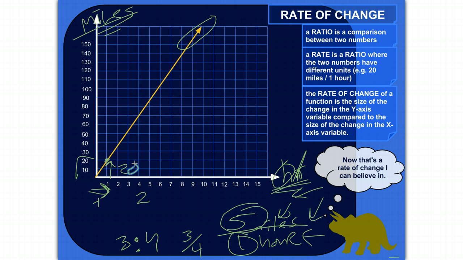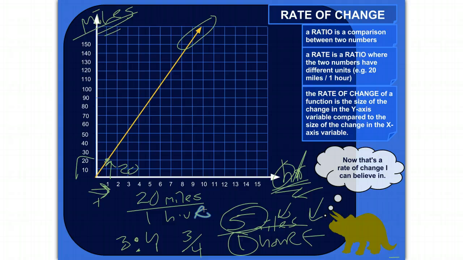So my rate of change of this graph would be 20 miles as compared with 1 hour. So my rate of change would be 20 miles per 1 hour, or as we would say in real life, 20 miles per hour.